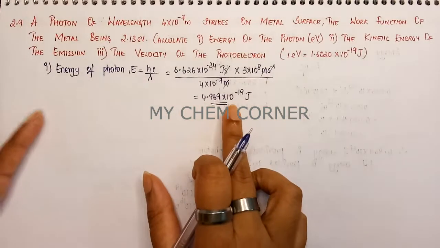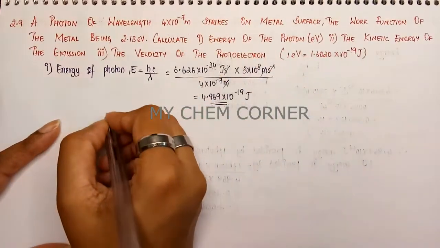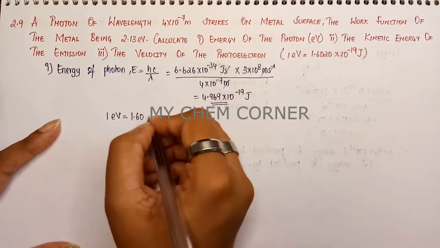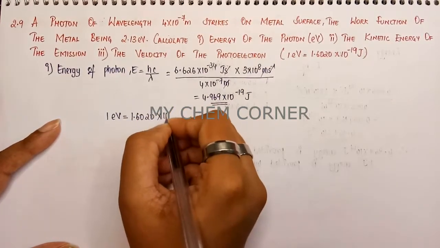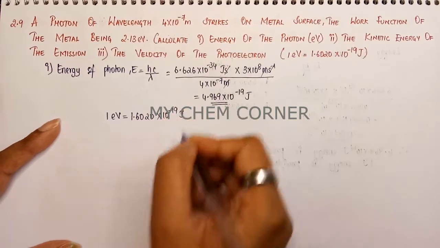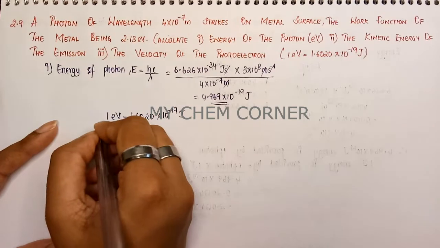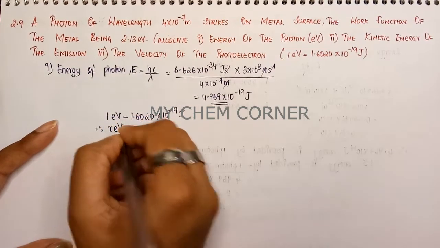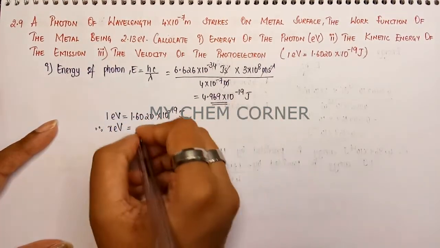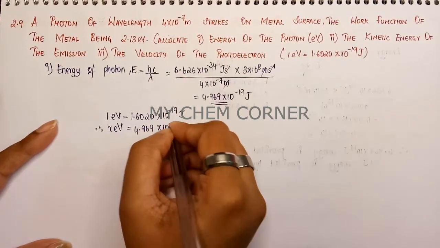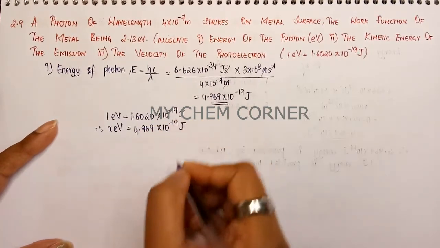So here we can say from the question 1 electron volt is equal to 1.6020 × 10^-19 joules. Therefore, x electron volt, we have to find that out, is equal to 4.969 × 10^-19 joules.